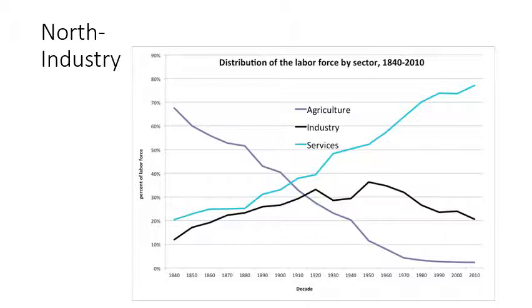Now, when we're looking at all this, we have to look at all these different industries, and some of these industries were not even known before the Civil War, such as petroleum, steel, and meat packing.